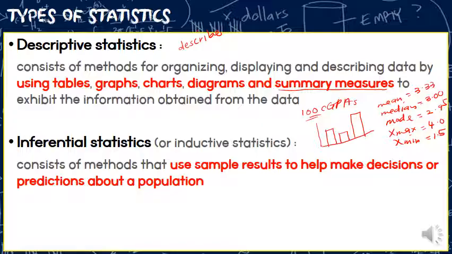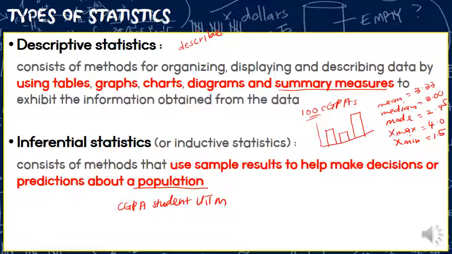Population ini is satu grup besar. All element under study. Kesemua orang ataupun objek yang boleh ataupun yang memenuhi kriteria study awak. Contoh, saya nak study CGPA student UITM.